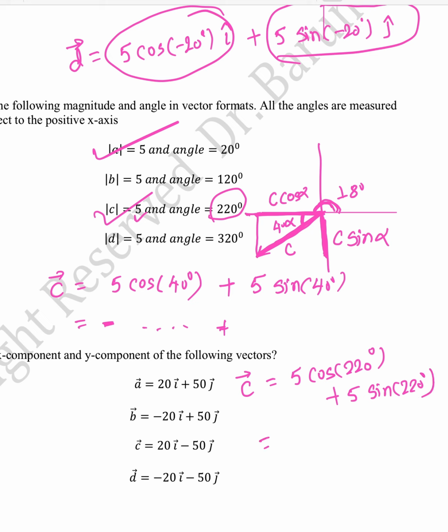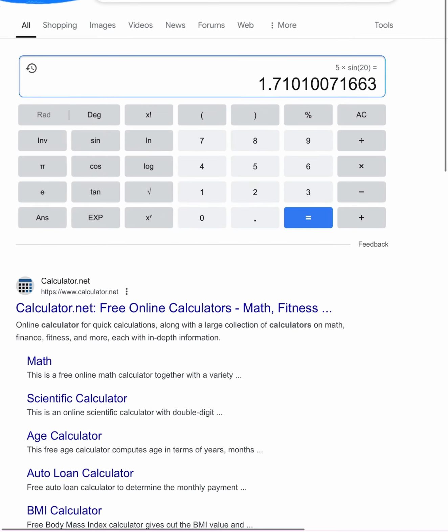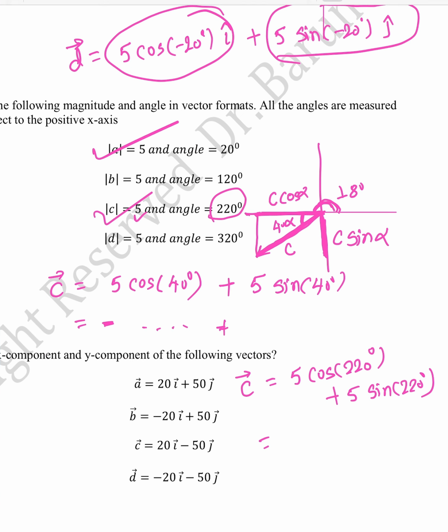Let me show you one example here. 5 cosine 220 degrees. 5 times cosine 220, and I'm getting negative 3.83. So write down negative 3.83, and this would be the i vector.